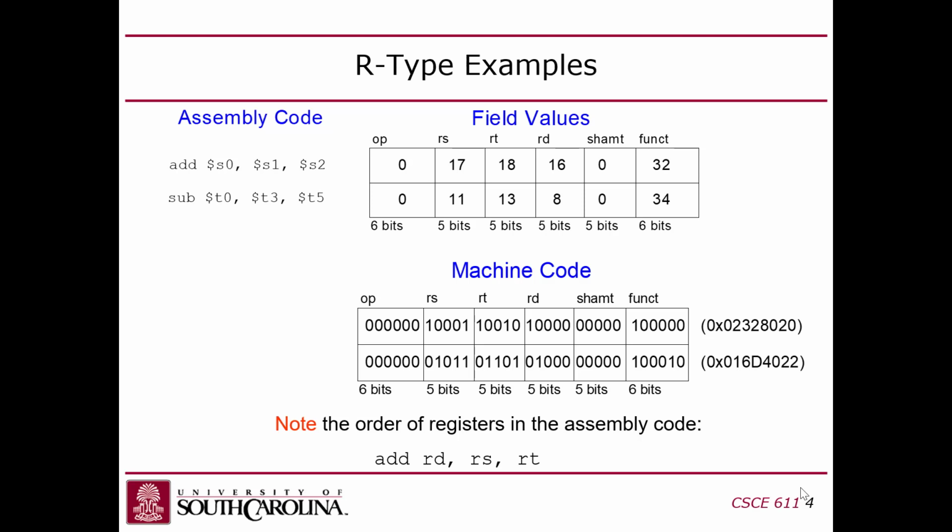And the shift amount is also 5 bits because the registers are 32 bits wide, and you don't want to shift more than 32 bits. 5 bits gives you a value between 0 and 31, an unsigned shift amount. Then the function code is the last 6 bits, the least significant 6 bits, and that's what you use to determine which of the R-type instructions you're executing.